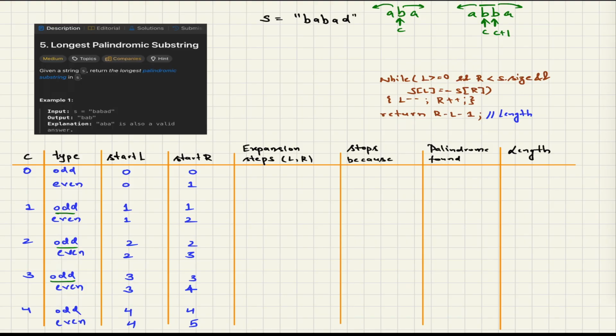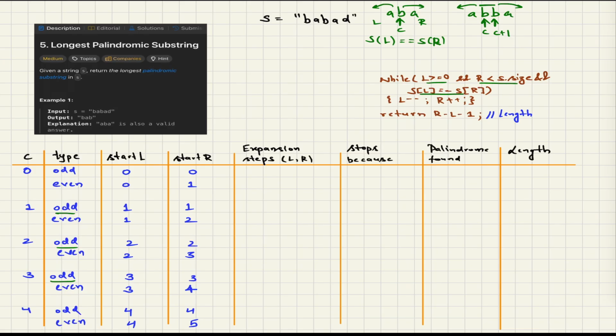So if I expand around it, I can consider this right side R and this left side L. And I can say if S of L is equal to S of R, and until this is equal, I can keep going, as long as L is greater than or equal to 0 and R is less than size, and the characters are equal.